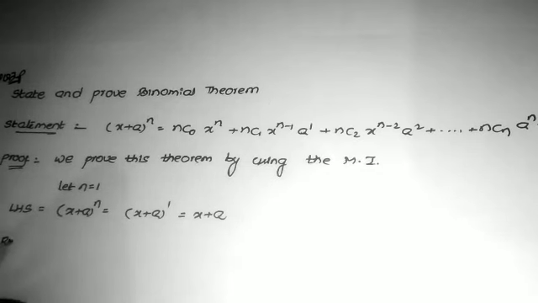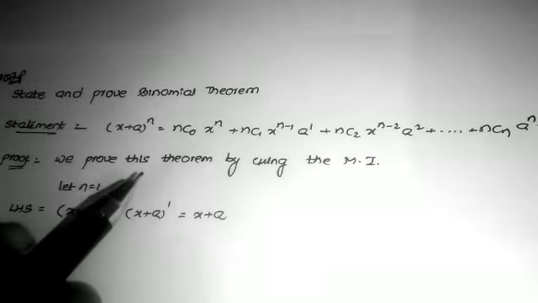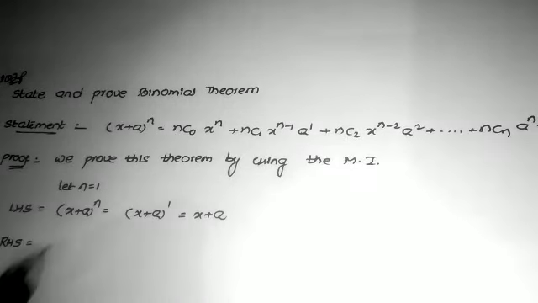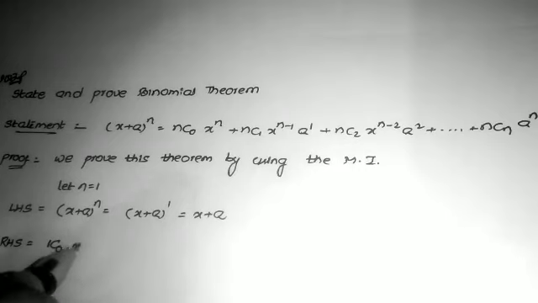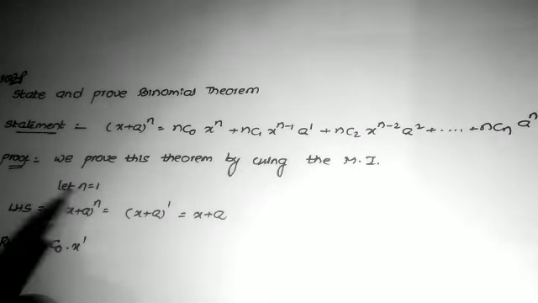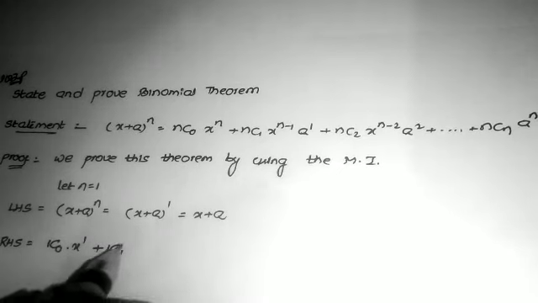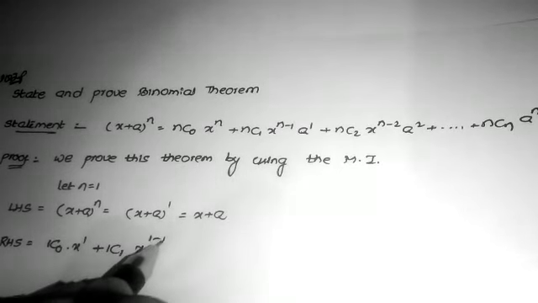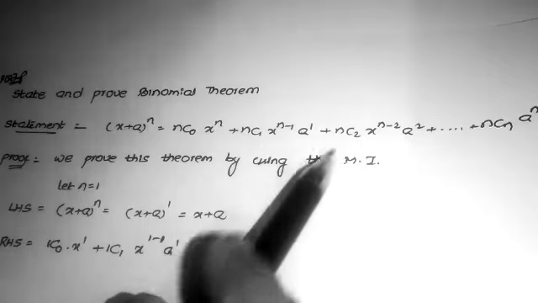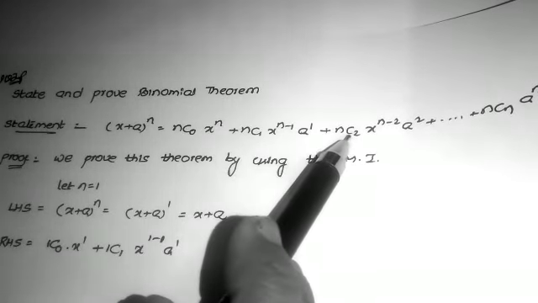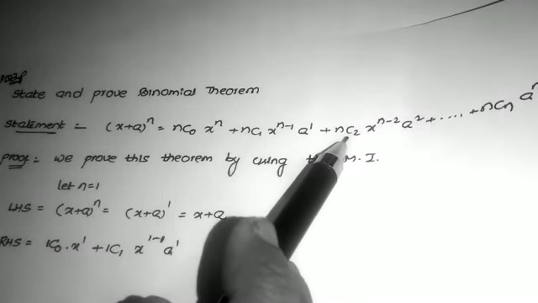Now take the RHS, and in the RHS also substitute n equals 1. That is nC0, n equals 1 means 1C0 into x^n, but n equals 1, so x^1, plus 1C1 into x^(1-1) into a^1. Okay, what will be the next step? 1C2, that value does not exist here. Why?